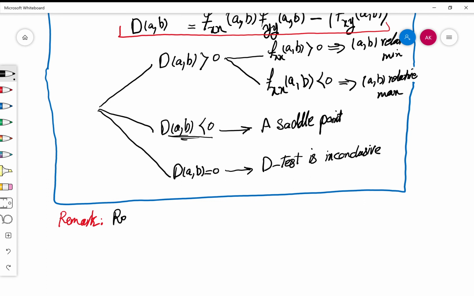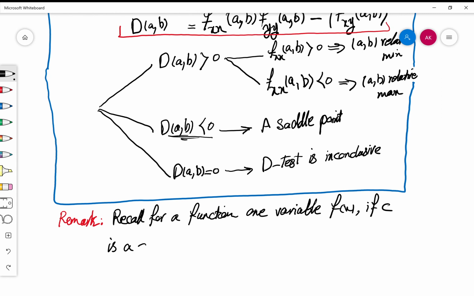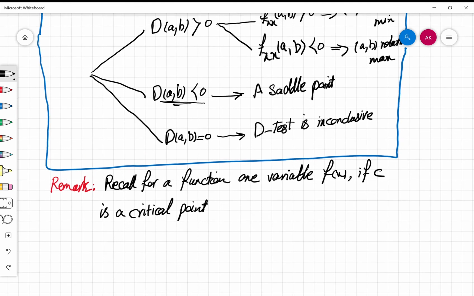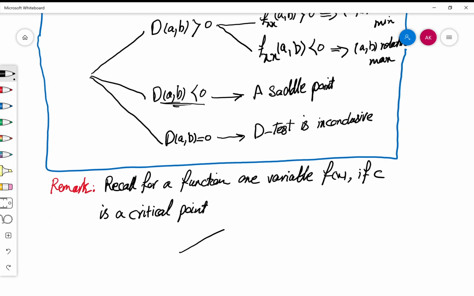Recall that for a function with one variable, like f of x, if c is a critical point, then we could say when such a c is a local min or local max just by looking at the value of the second derivative at that point.